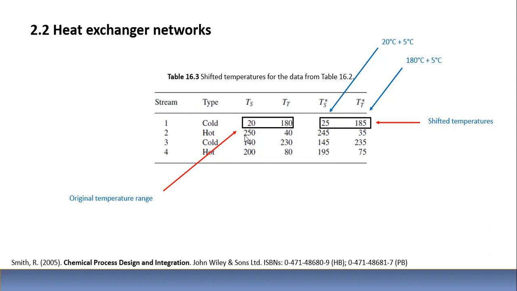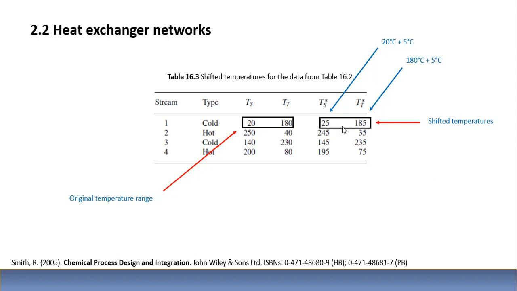When the stream was cold, we take the supply temperature, 20, plus delta T minimum divided by 2, which is 10 divided by 2, so 5. That makes 25, and the target temperature, 180 plus 5, is 185.